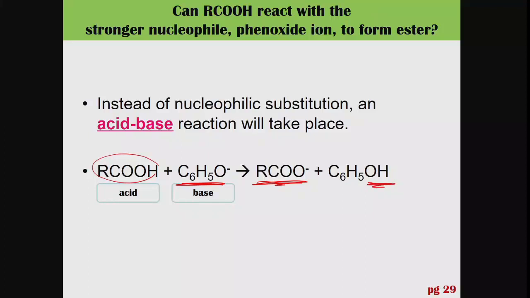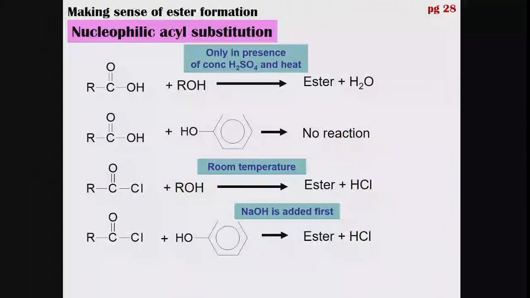So instead of forming ester, an acid-base reaction takes place. So don't think that changing to a stronger nucleophile means that there must be formation of ester. Okay, so take note. This part here summarizes the different ways that you can form ester, and you need to know what condition is used and the reason behind why those conditions are used.